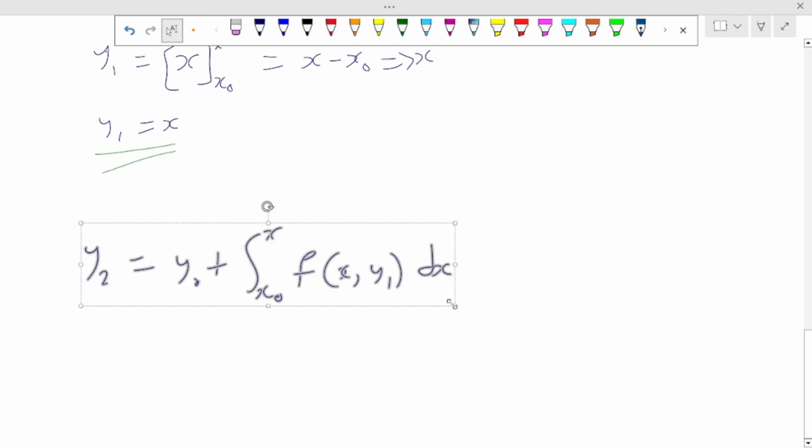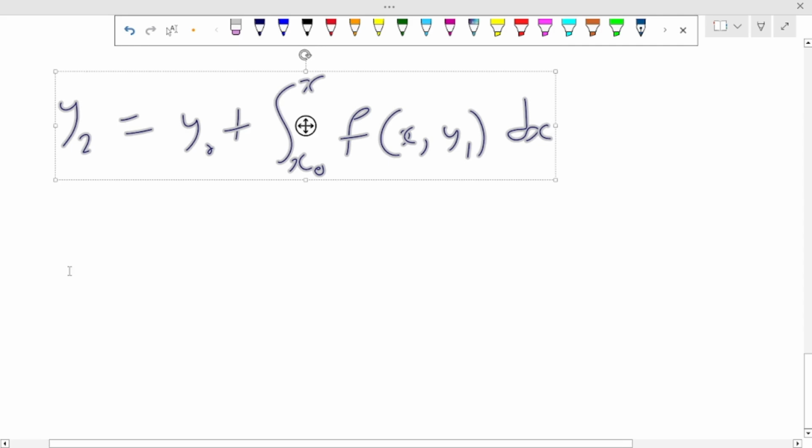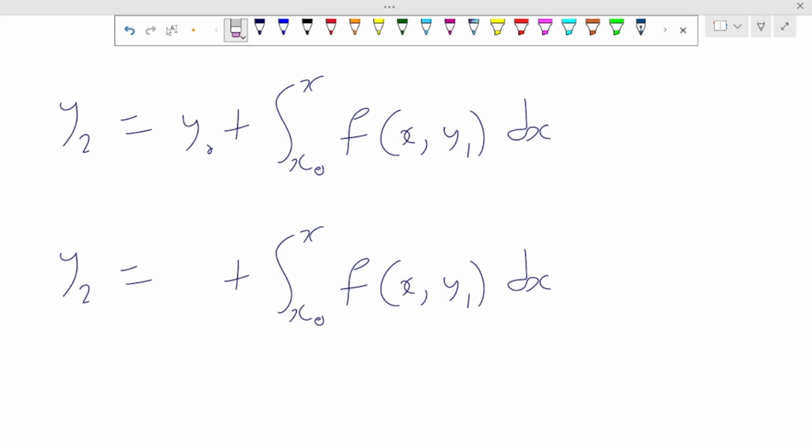So for the second approximation we are going to have our y0, paste it here again. y0 is 0.